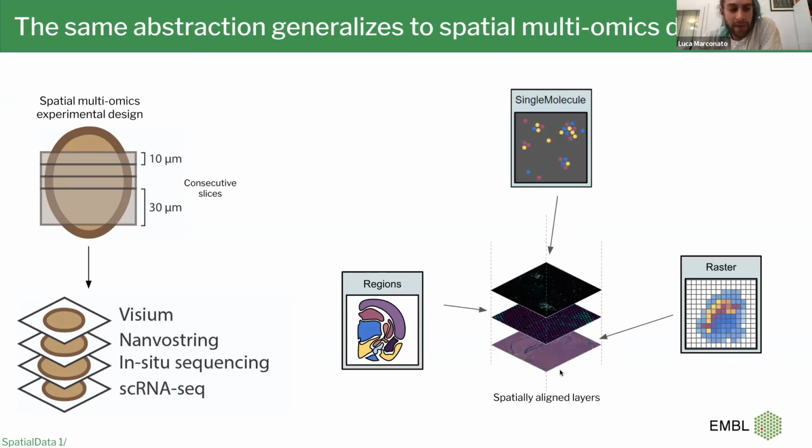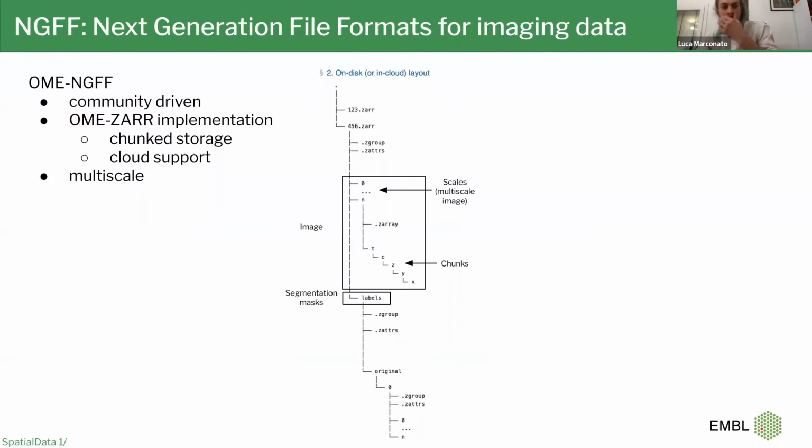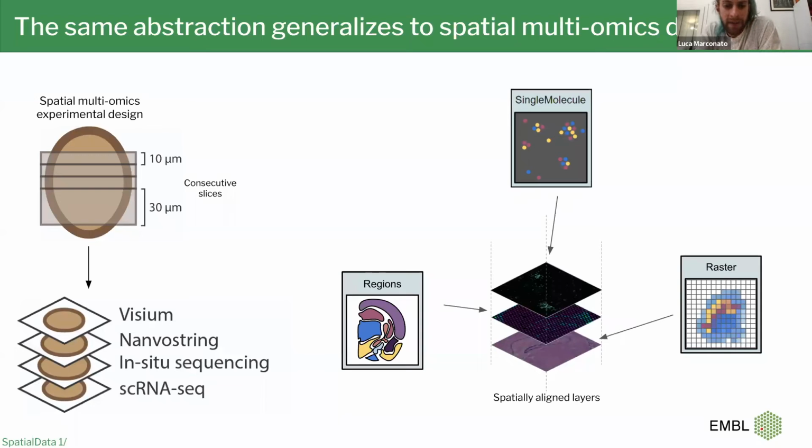The key is that these layers are spatially aligned, so the same area in space can be analyzed with different technologies, looking at the different modalities of the different layers. So how to store this information? The first thing, we need to store each block, but we also need the blocks to be related to each other and related in physical space.